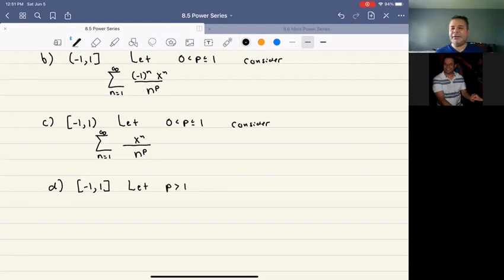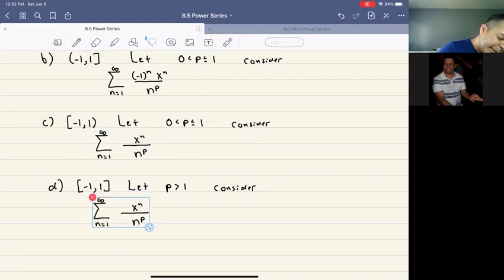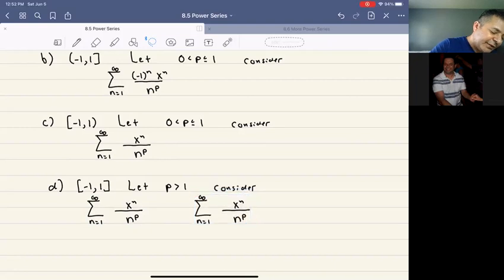Let p be bigger than 1, and now consider the sum. If you want to be fancy and consider (-1)^n, no one's stopping you, and that'll still work. But either one will do. I'm a fan of being as fancy as you need to be, but no fancier.